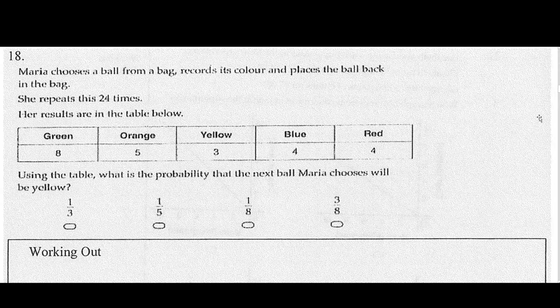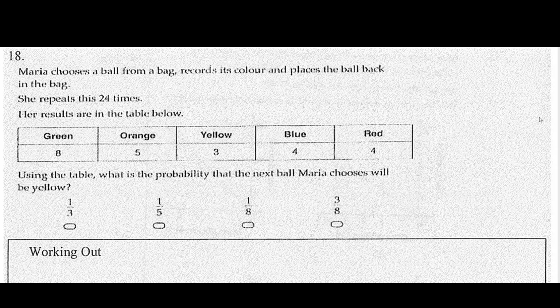Number 18. Maria chooses a ball from a bag, records its colour and places the ball back in the bag. She repeats this 24 times. Using the table, what is the probability that the next ball Maria chooses will be yellow? Okay, so let's look at this.